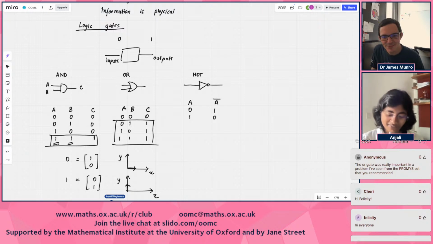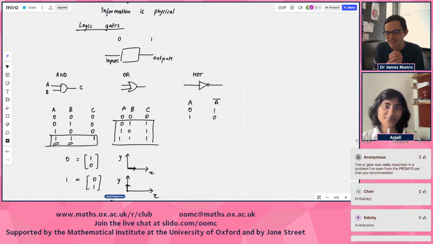It's an interesting idea that 0 and 1 are so different that they're pointing in different directions. Normally 0 means no direction at all, but the new idea here is that 0 is its own thing and 1 is its own thing. Yeah, I think you expressed it quite well.